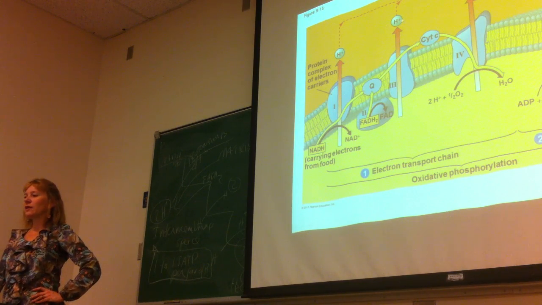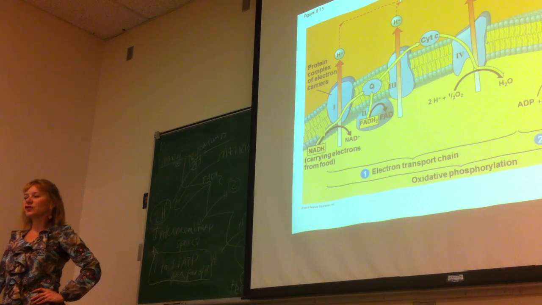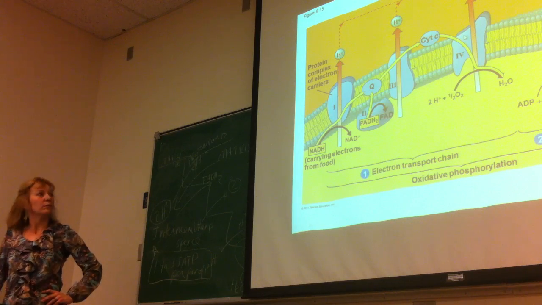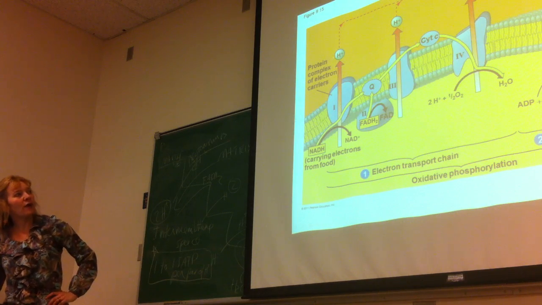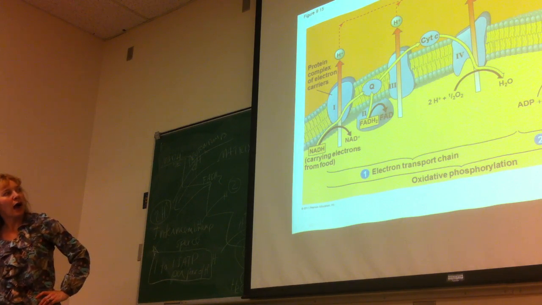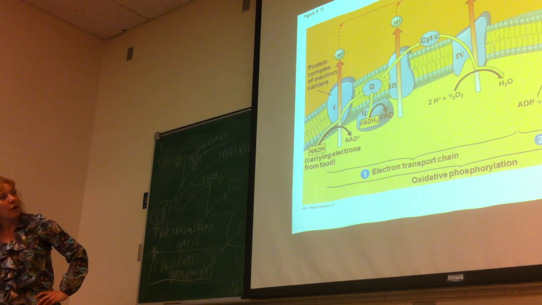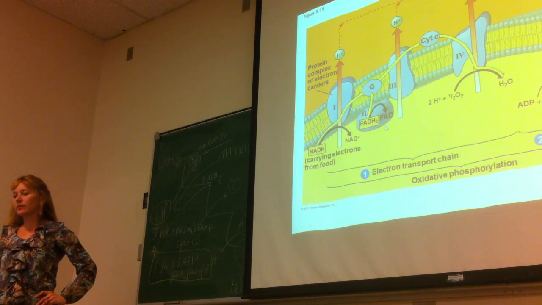And there are 3 proton pumps associated with complexes 1, 3, and 4. So that's why there are 4 protein complexes and 3 proton pumps. FADH2 is going to come in at protein complex 2, but it's not associated with a proton pump.